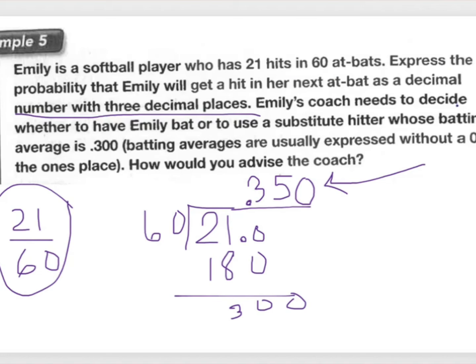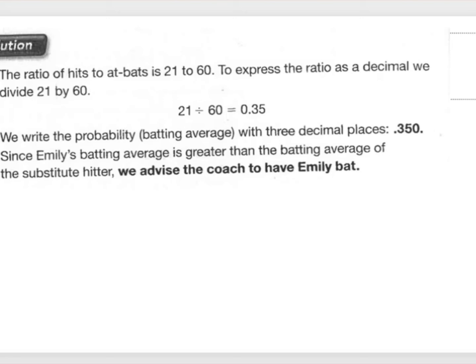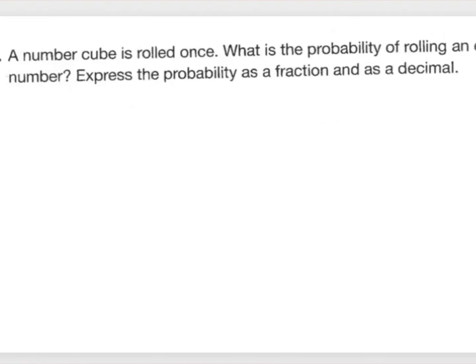She's got a better chance of getting that next hit. So there's a little bit of probability even in playing baseball, right? Here they did the division just like we did. They said her batting average is 0.350 and the other was 0.300. So it would be advisable for the coach to let Emily bat.